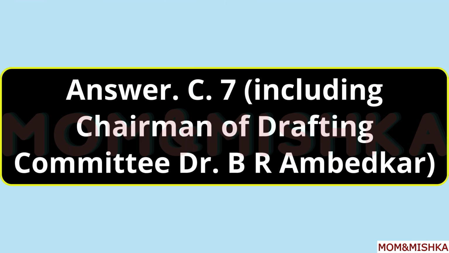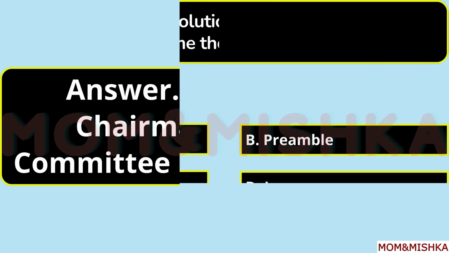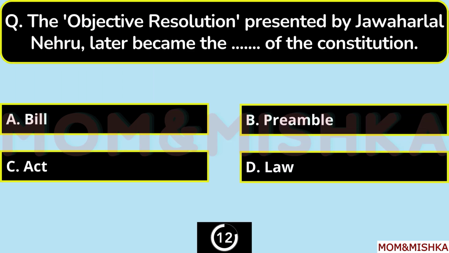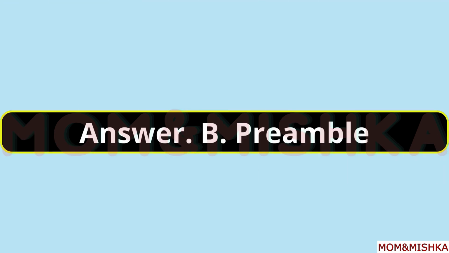Total 7 members, including the chairman of the drafting committee, Dr. B.R. Ambedkar. Option C. The objective resolution presented by Jawaharlal Nehru later became the blank of the Constitution. Preamble of Constitution. Option B.